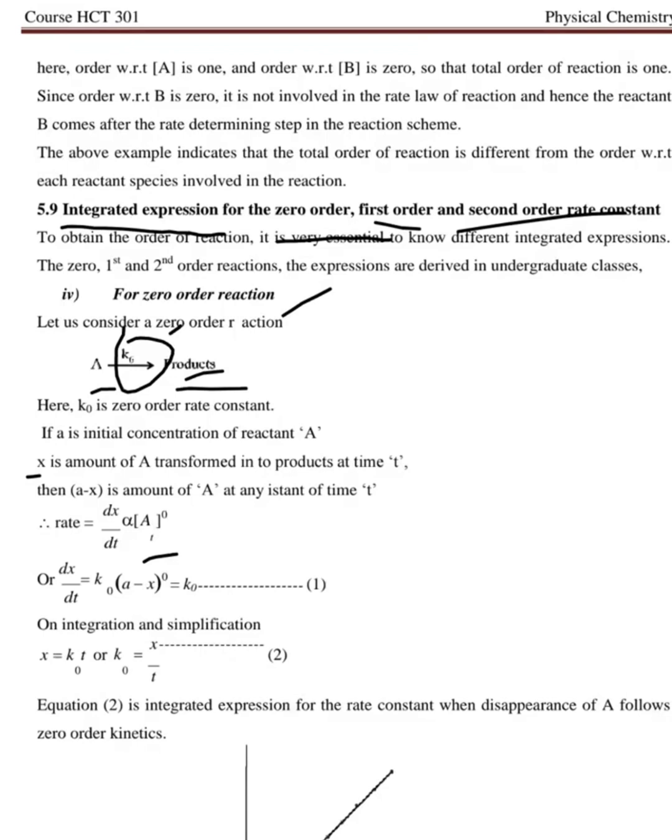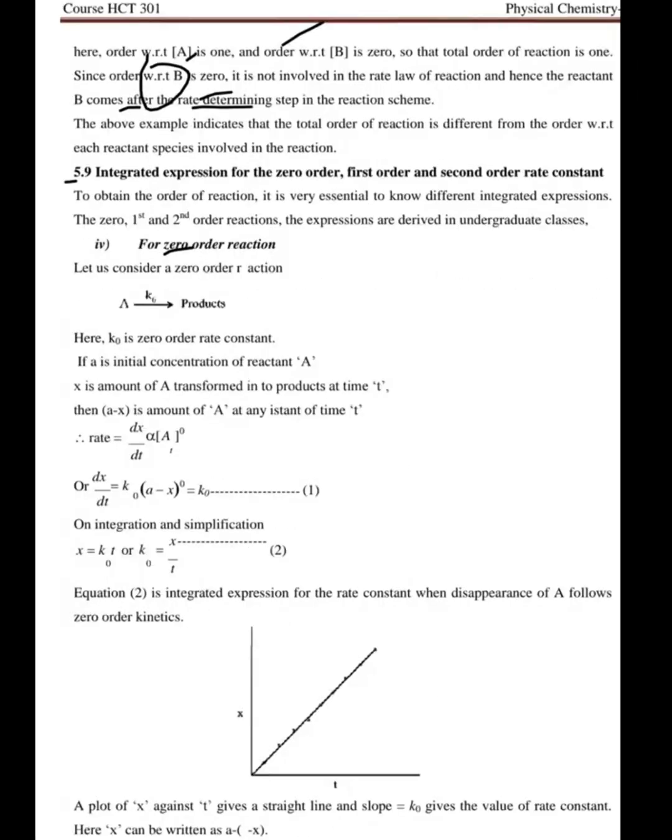Further, we write dx by dt is equal to k naught into (a minus x) to the power of naught, or is equal to k naught. On integrating, dx by dt is equal to k naught into (a minus x) to the power of naught can be written as x is equal to k naught into t.